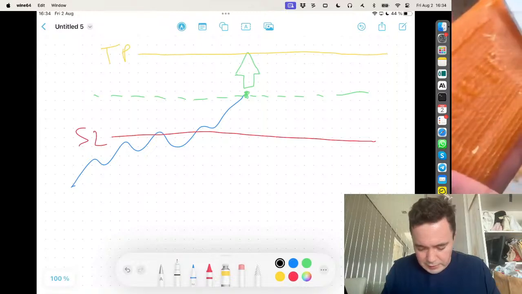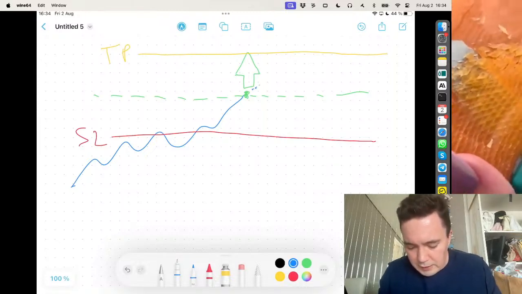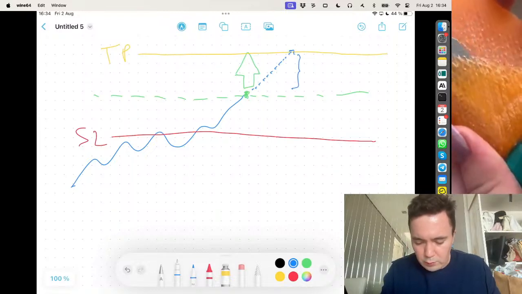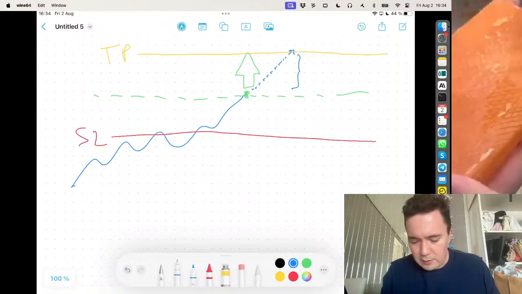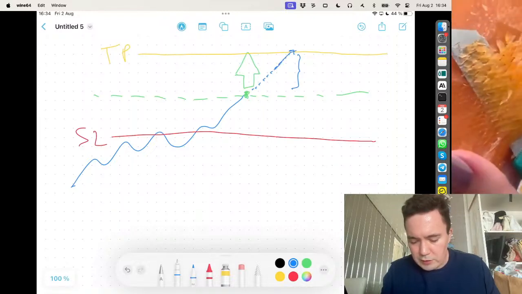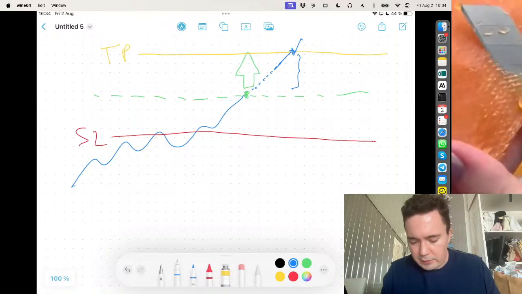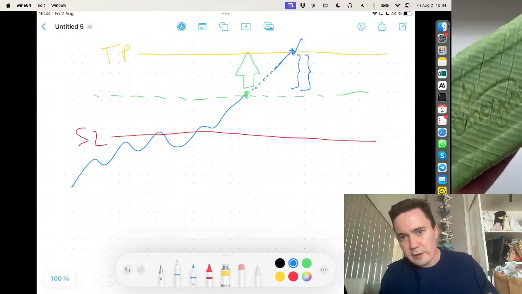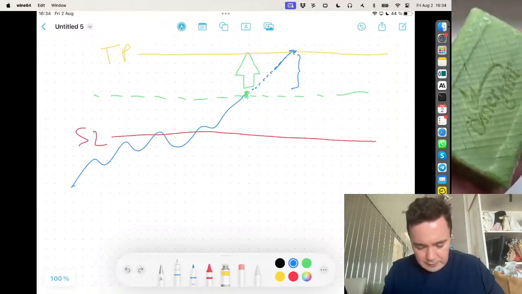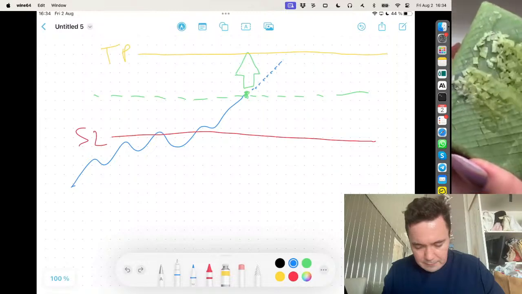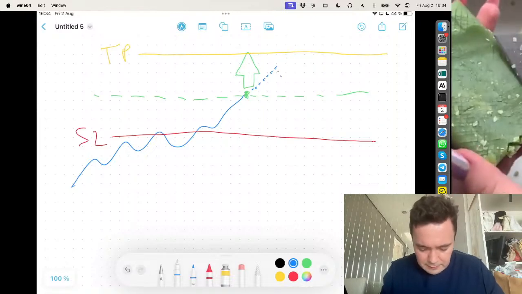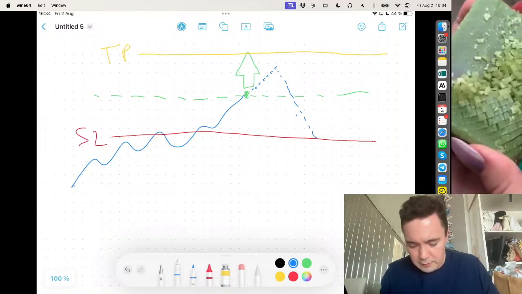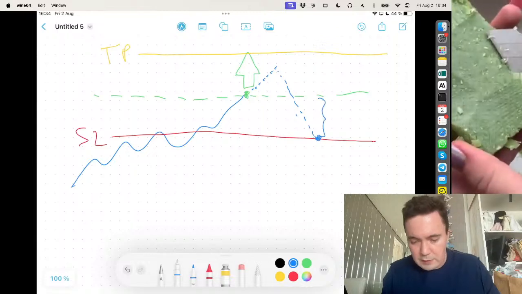So your idea is if the price goes here, you will win this amount because when the price goes here, take profit is triggered, and this is the amount of profit that you make, right? The price went in your favorable direction. And if the price goes here without touching the take profit, you will lose this amount, right?